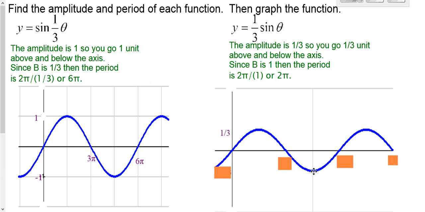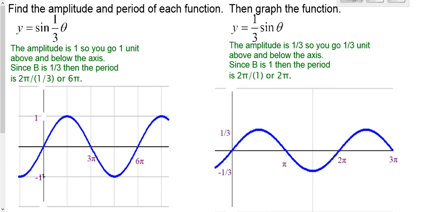Bottoms out right here at this height. That's going to be negative 1/3. One full period then goes to here, so I need to mark that as one full period, so that's going to be 2 pi. This is halfway in between, so that's going to be pi. By the way, if it does extend, this then would be 3 pi.